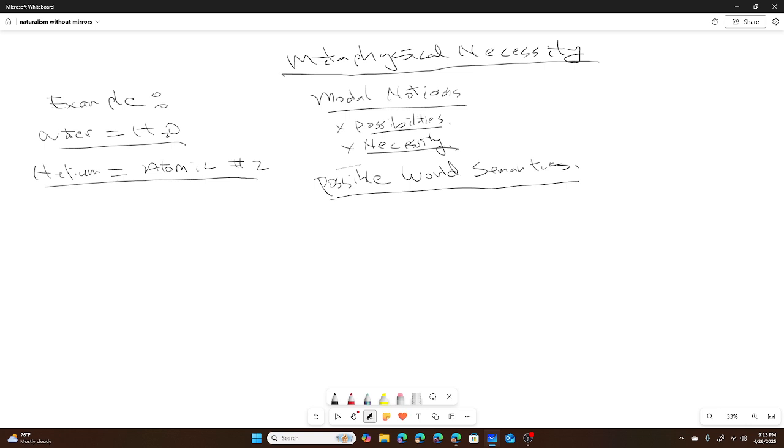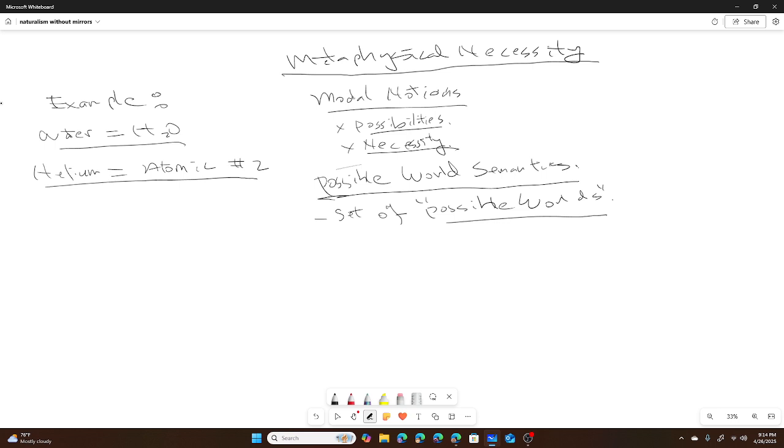Well, possible world semantics at its most primitive and basic level says that there is a set of possible worlds. You might ask, what are these possible worlds? Some say that possible worlds are basically anything that is logically possible.